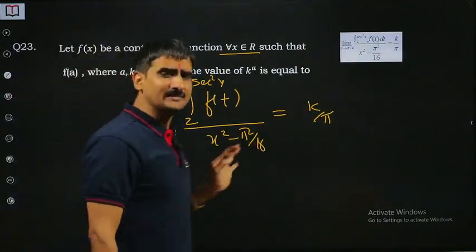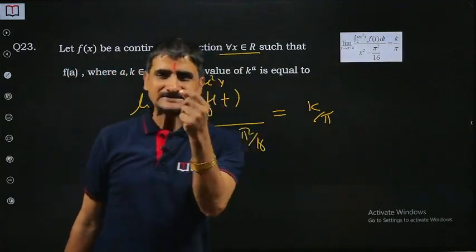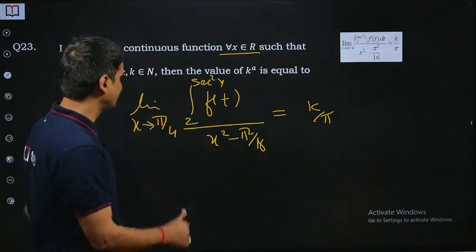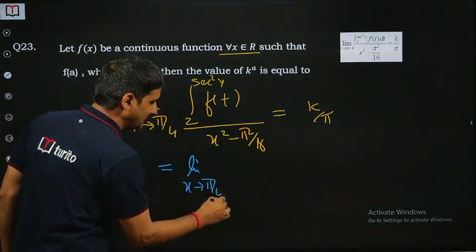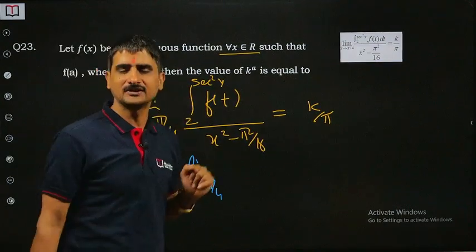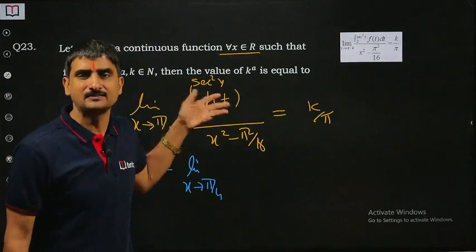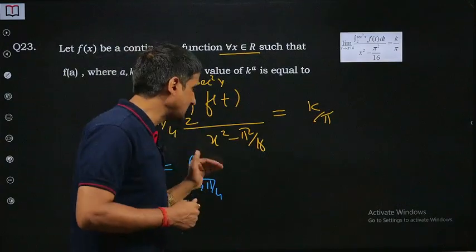Now again, the purpose of this question is that near the end we should at least once discuss the Leibniz rule. We use the Leibniz rule of differentiation for differentiating such a thing, and it's a 0 by 0 form, isn't it? As x tends to pi by 4, sec pi by 4 is root 2, square is 2, so 2 to 2. When the lower limit and upper limit of the integral match, the value of the integral is 0. So it's a 0 by 0 form.